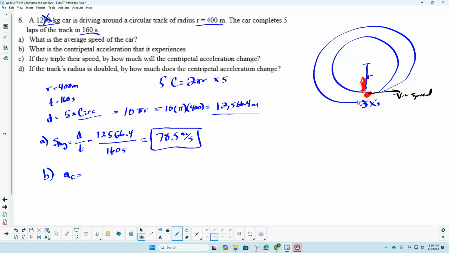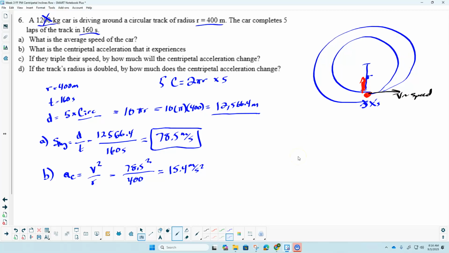So the centripetal acceleration that it experiences would be equivalent to V squared over R, and V is our average speed. So it'd be 78.5 squared divided by the 400 value. If you put that in your calculator, you'll get an acceleration of 15.4 meters per second squared. So that's how much acceleration is directed inward to make this thing go in the circle and stay in that circle.